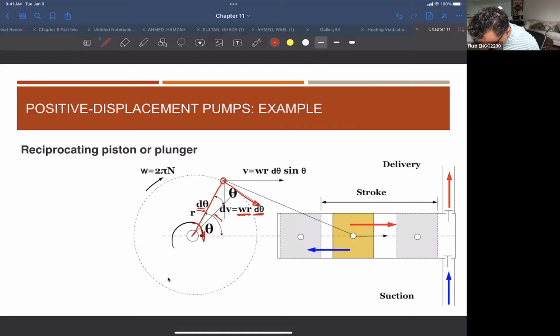If you take the component of this velocity in this direction and in this direction, you can say this ω r, where ω is the angular velocity, r dθ sinθ, right? This connecting rod is a rigid body motion. So once you are moving this body in this direction, all elements will be moving. So this also will be moving with ω r dθ sinθ, which means that this piston is moving with a certain velocity depending on the angular position of this crank.